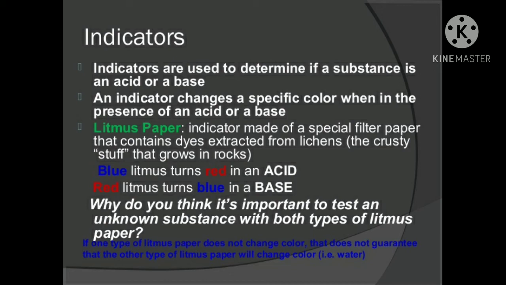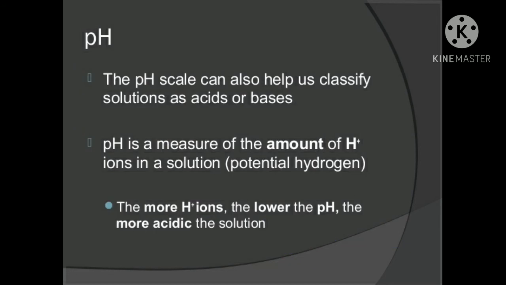So it is very important to test an unknown substance with both types of litmus paper, because if it is acidic, it will turn blue litmus paper red, and if it is basic, it will turn red litmus paper blue. The pH scale can also help us classify solutions as acids or bases.